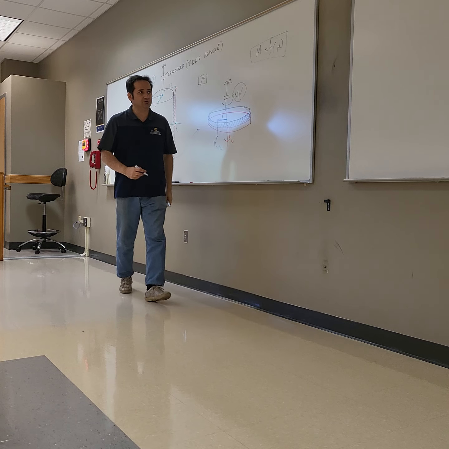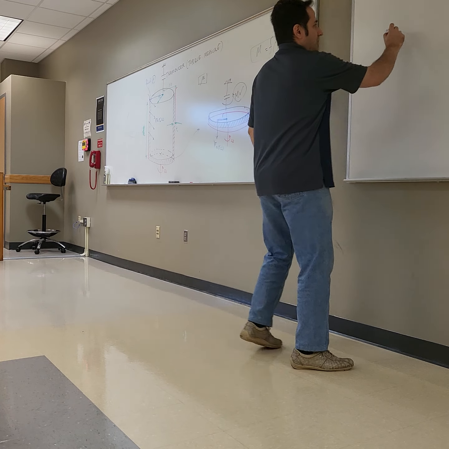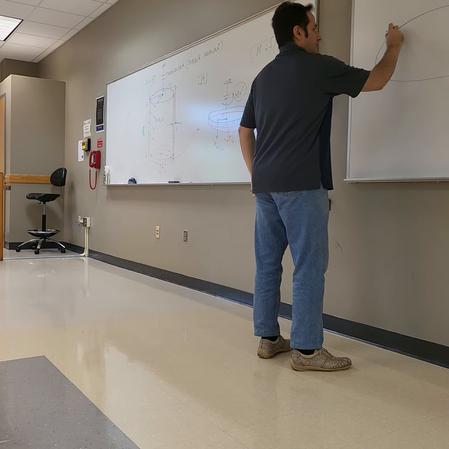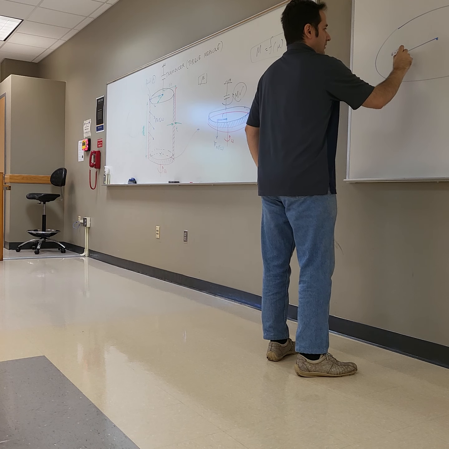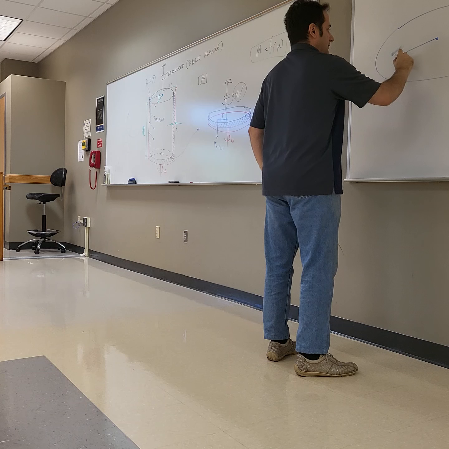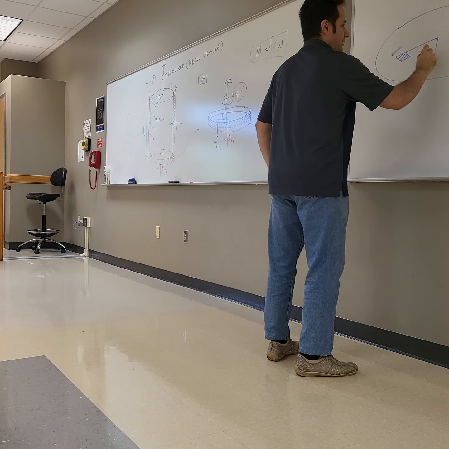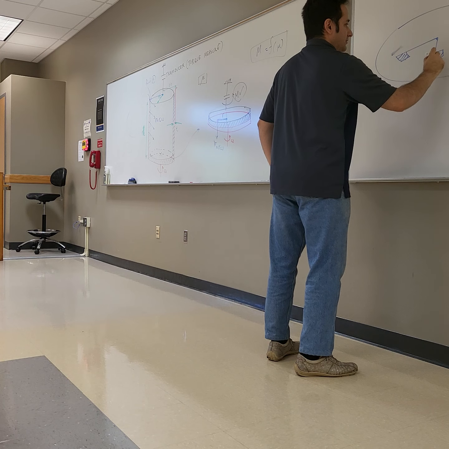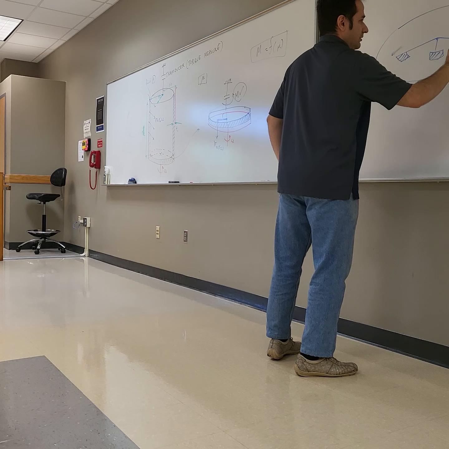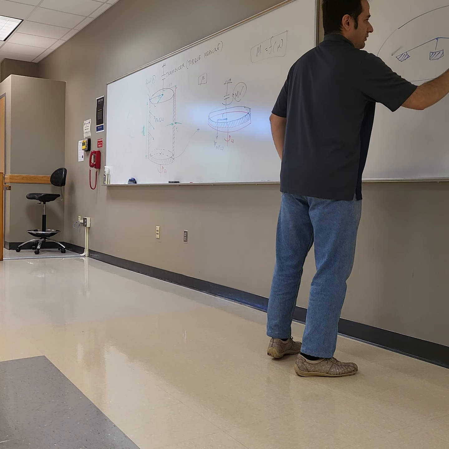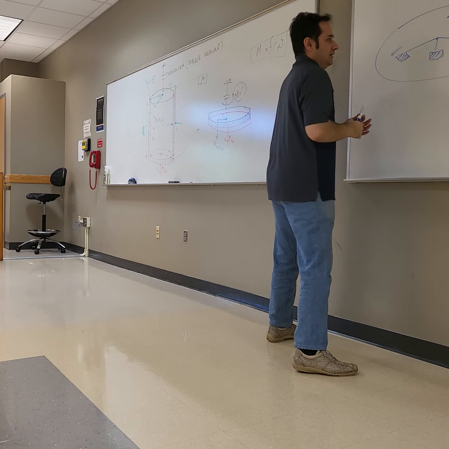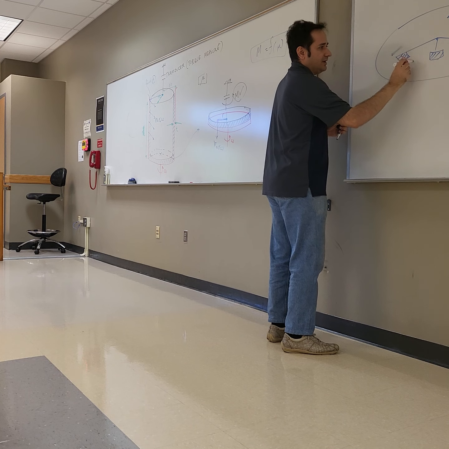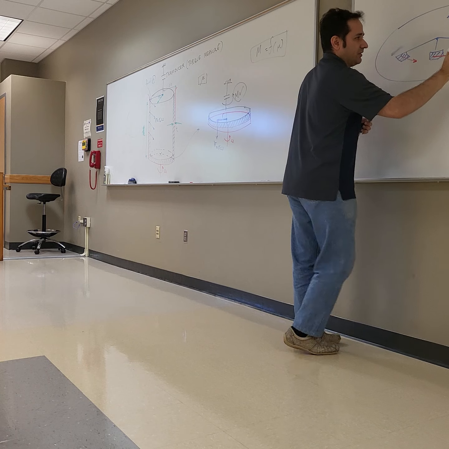So in fact, if I want to draw it here, in a 3D view of the elements, this is the center, this is one element, this is another element. See that? When it rotates, every element gets a tangential velocity.